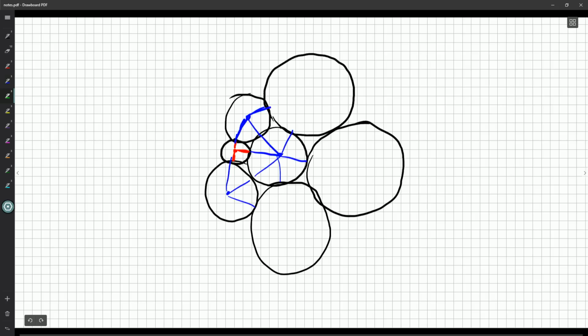What we'll get is a series of triangles. So let the greens be length 3. Okay. And so what we actually have is a system of triangles, all connected into each other around this central point here.